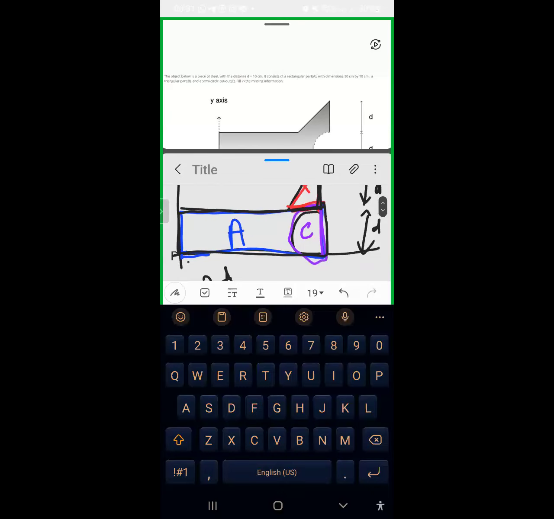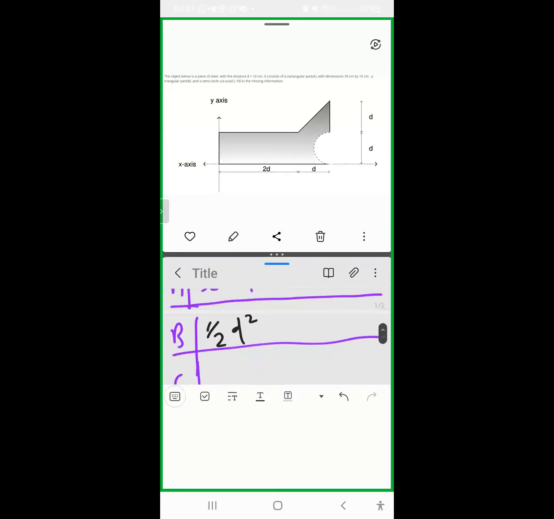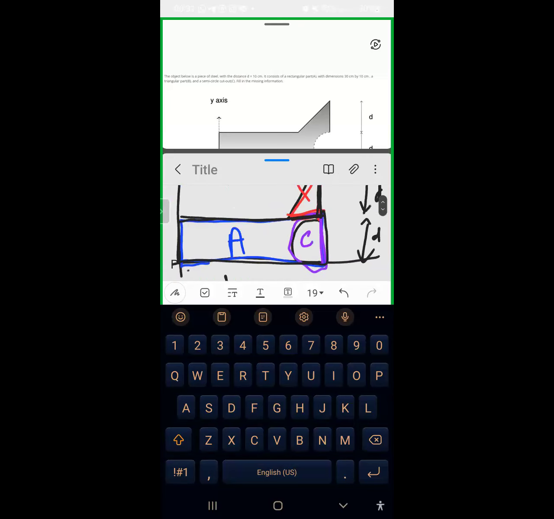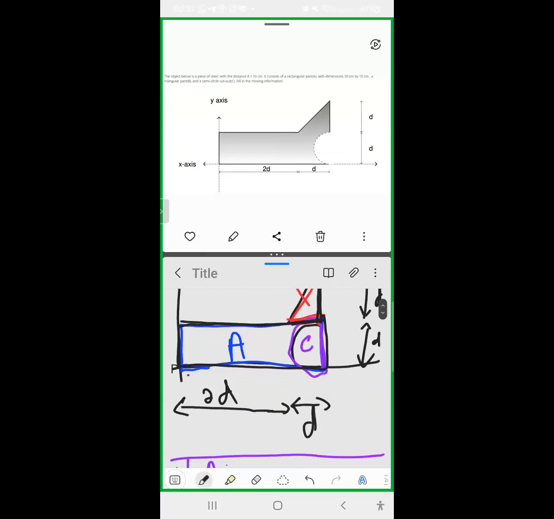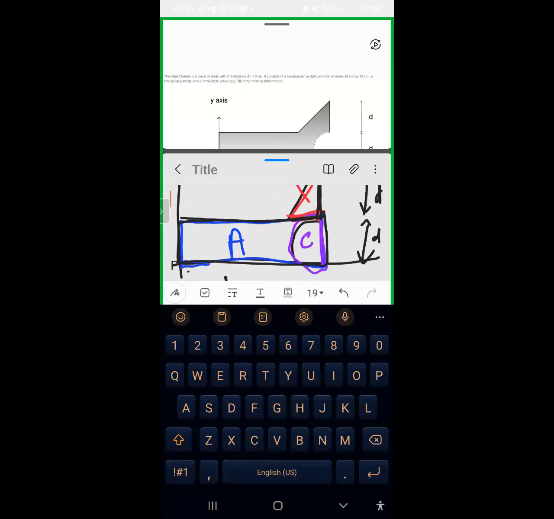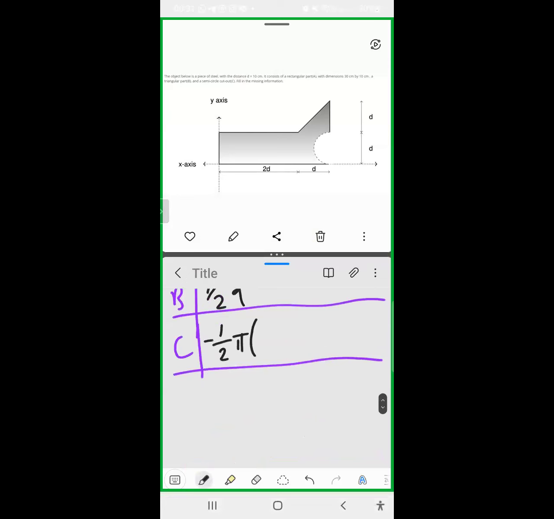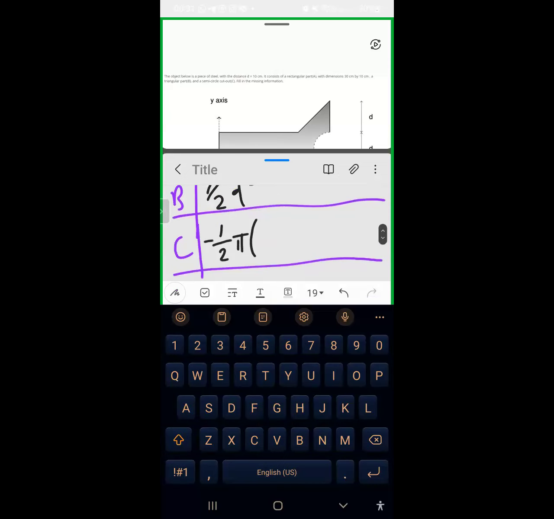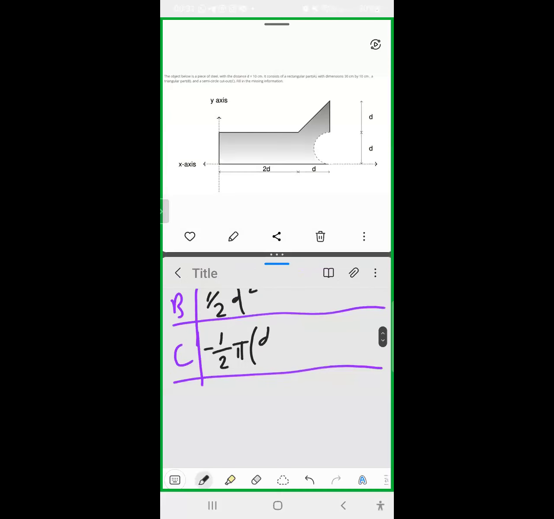Therefore, in our table, the area here will be minus 1 over 2 pi, and then the radius. The radius of this cutout is going to be D over 2, since its diameter is D units. So we're going to have D over 2 squared.